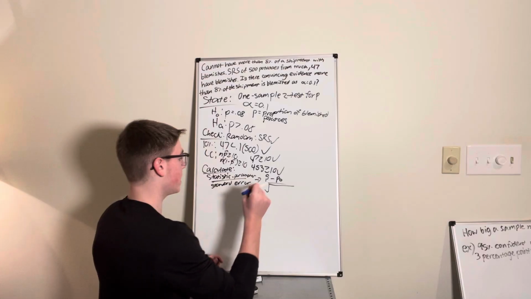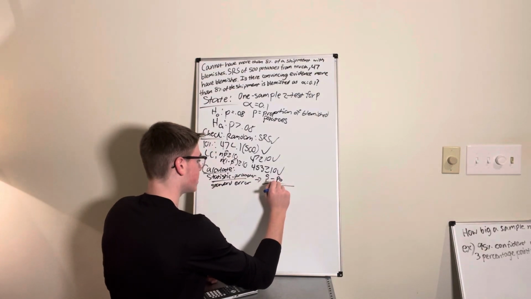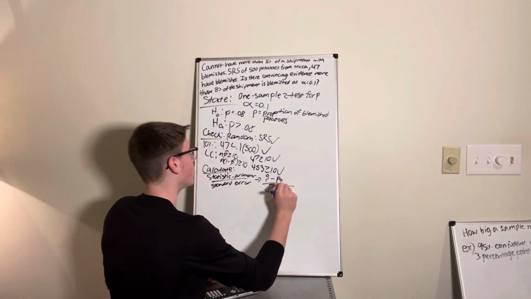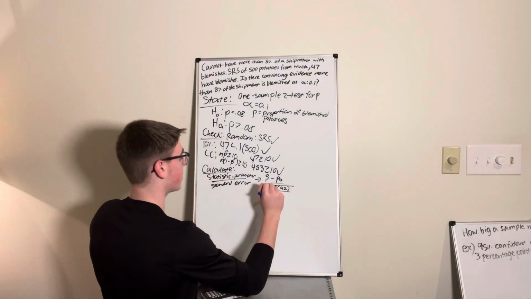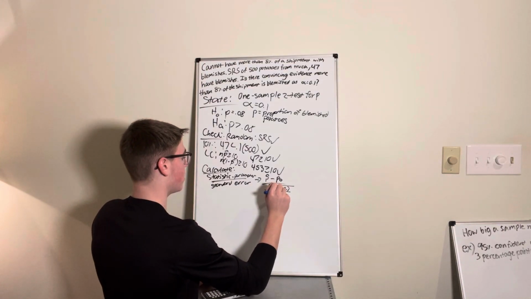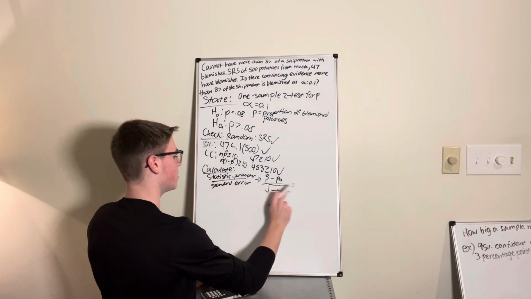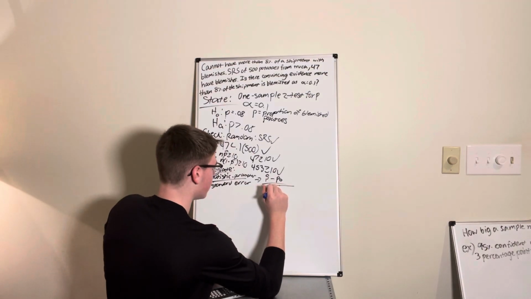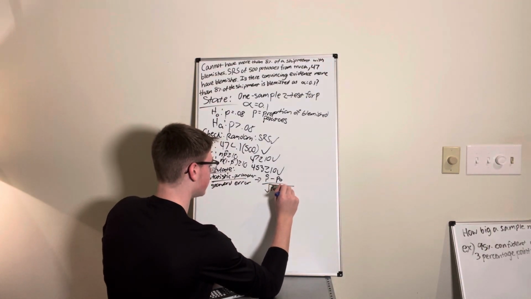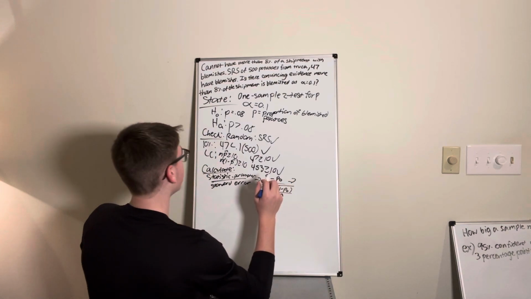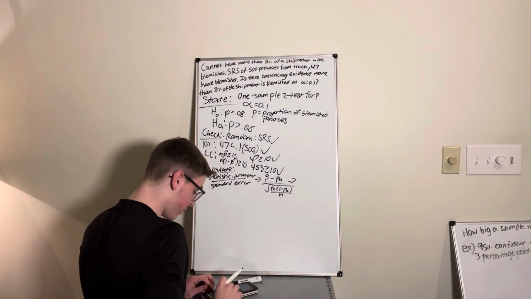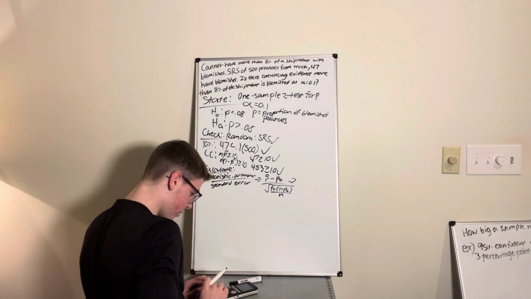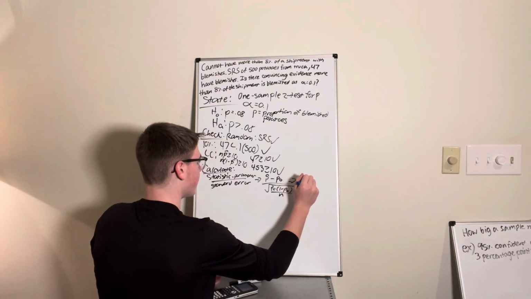And that'll be 0.08 times 0.92 over n, which is 500. Oh, never mind. I shouldn't plug in yet. Just p-naught times 1 minus p-naught over n. And then again, we plug in, which would be 47 out of 500, would be 0.094.